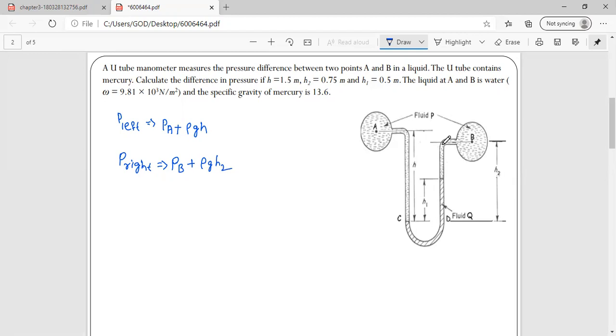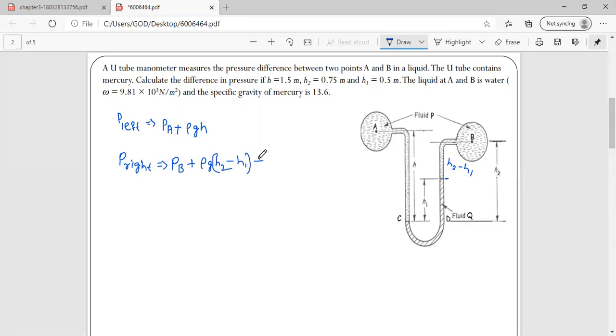A different fluid is here, and from here to here is the manometric fluid, whose density is different. So whatever the fluid height is, up to here, you have to write a variable. Total height is H2, then it is H1, so this height is H2 minus H1. So I can write it as rho g into H2 minus H1.